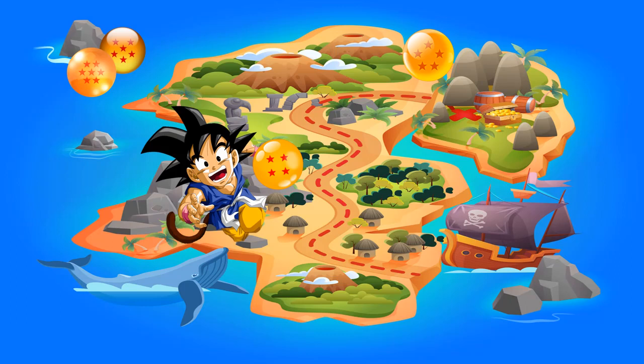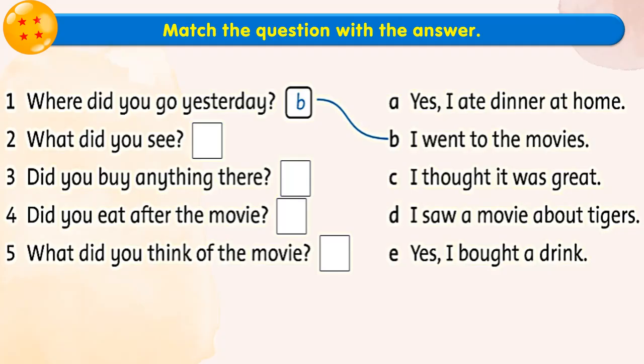Now, okay, she's on the way to get the 4th Dragon Ball. Now, match the question with the answer. Number 1, where did you go yesterday? So we choose sentence B. I went to the movie. Number 2, what did you see?